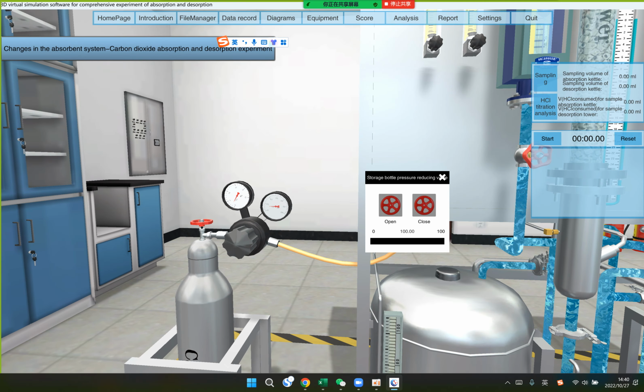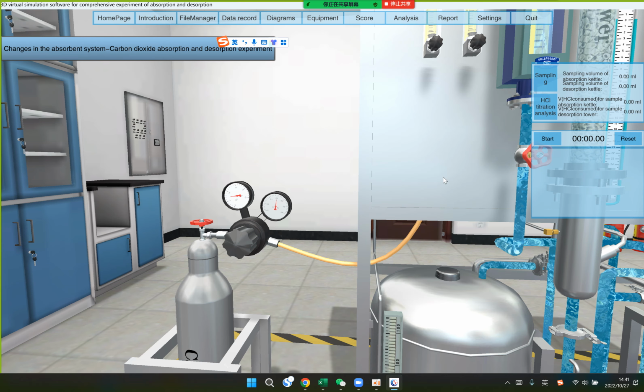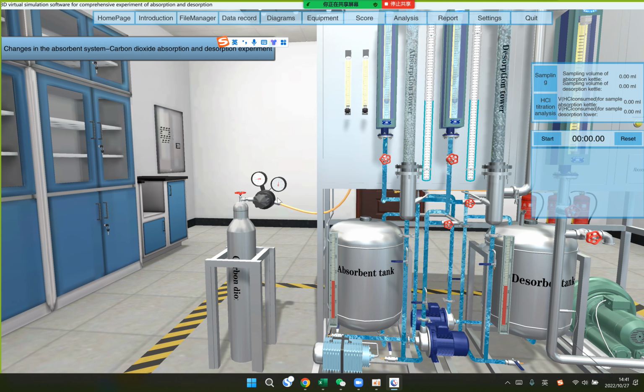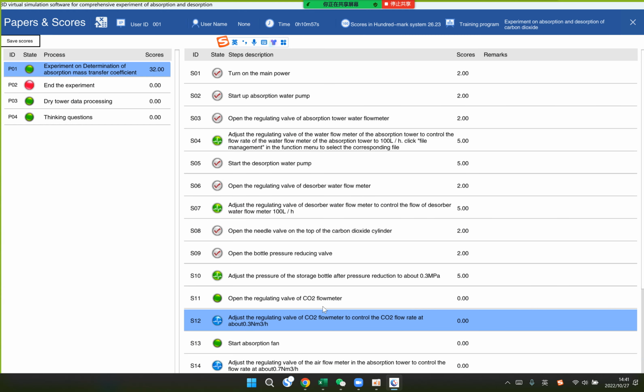Maybe we still open this one. Yeah, it's 0.3. Okay, so at this stage, the transportation driving force is about 0.3 million Pascal, and then we open the regulation.